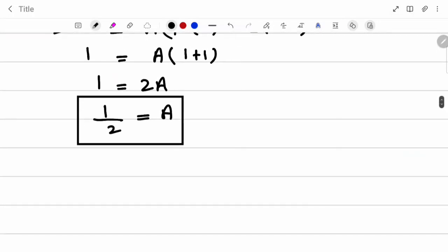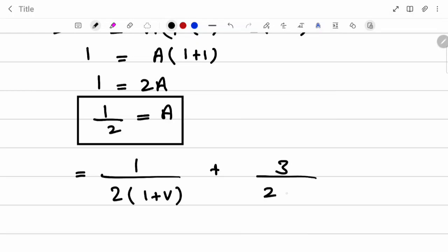So the equation, which we need to integrate, is 1 upon 2. Everybody can say that we should write first 1 by 2. Okay, you can write it directly. 1 upon 2, then we have 3 by 2 upon 1 minus v.